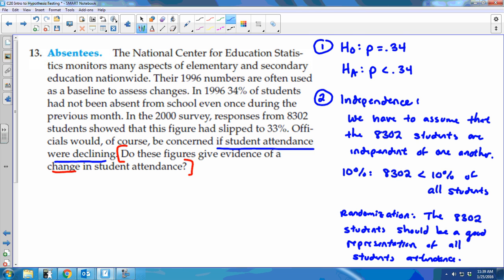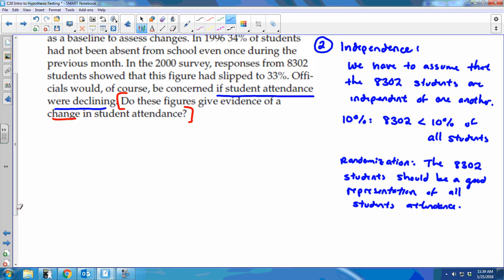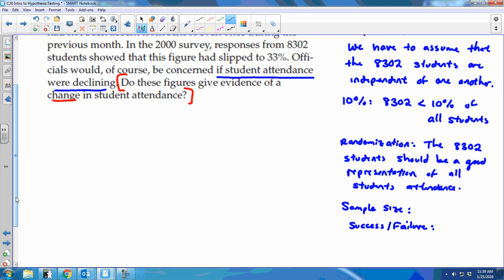Okay. After the independence assumption, we have the sample size assumption. How do we show that our sample size is large enough? Our success failure condition, right? We want 10 successes and 10 failures at least. So we have n times p and n times q.